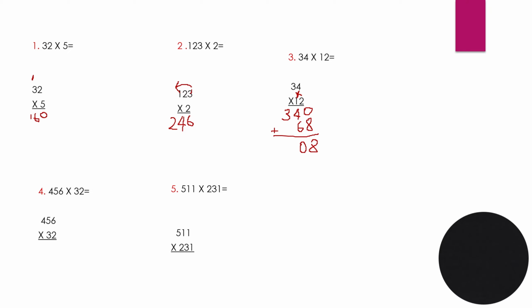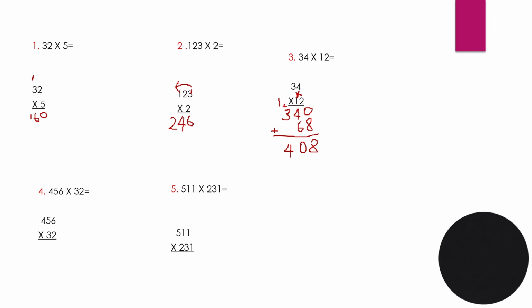Write the 0 and carry the 1. So we're going to add the 1 plus the 3. I'm going to write a plus sign here so you can see, and that's 1 plus 3 is 4. So the answer is 408.